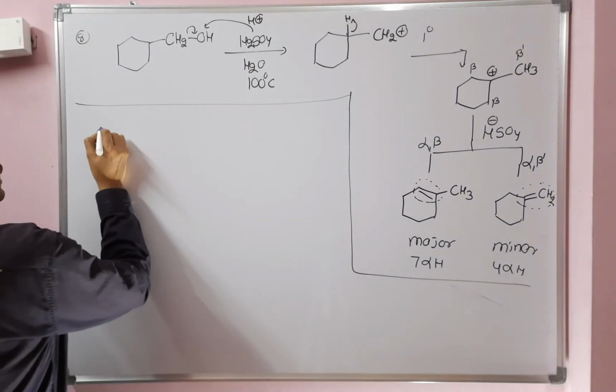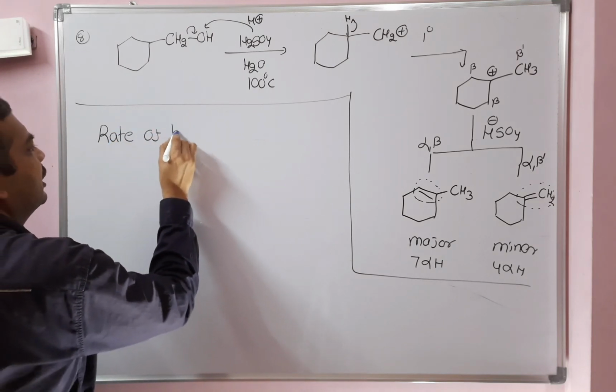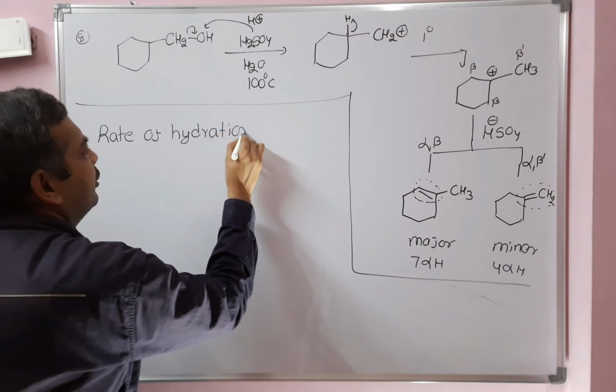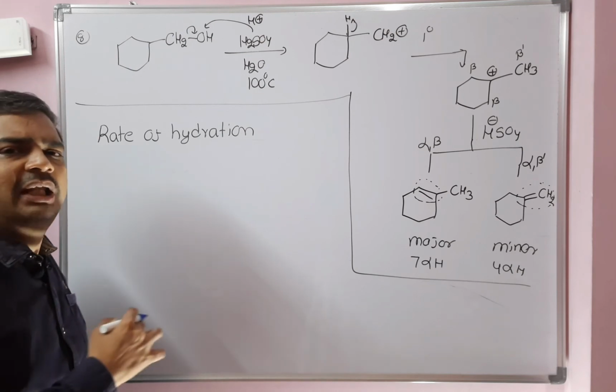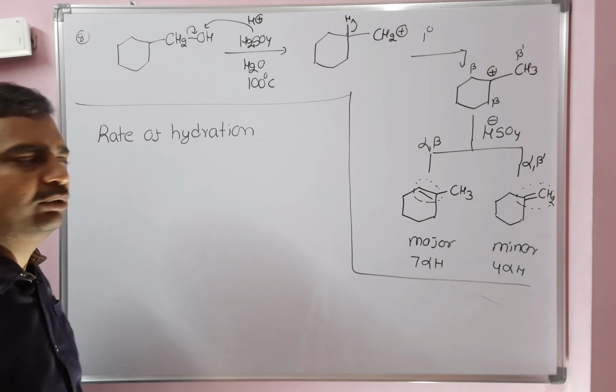Now the last topic, rate of dehydration. Several times this type of question is asked in mains: which of the following compounds will undergo E1 elimination readily? Or arrange the following compounds in decreasing order of dehydration with respect to E1.